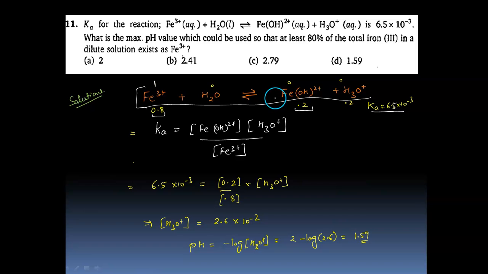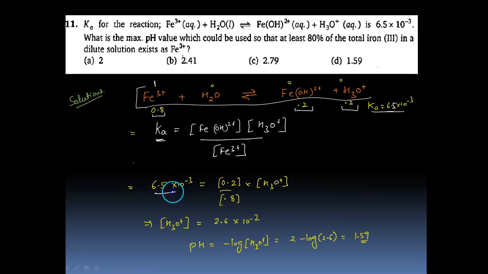So the concentration of H3O+ arising from here is 0.2, which is quite large, right? So what we do, since Ka for the reaction is given to us, we'll apply the formula for Ka, which is ionic product of products over reactants.